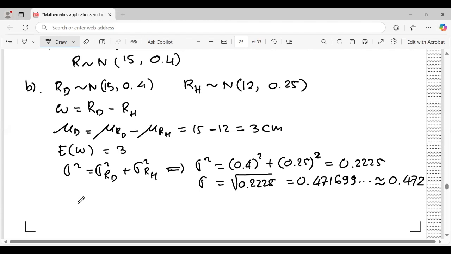Now we will find the probability W less than 2.5.